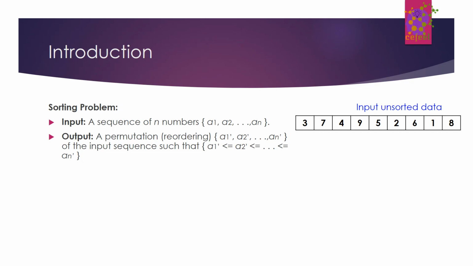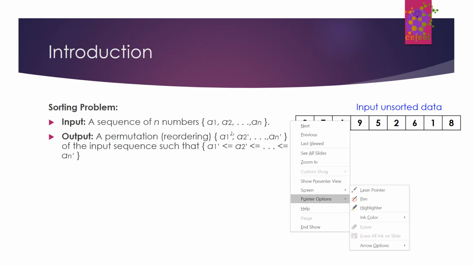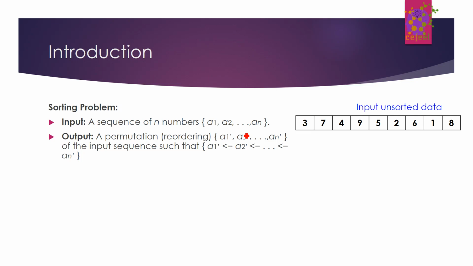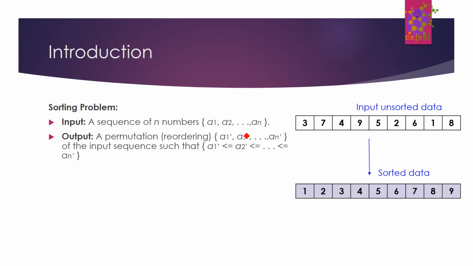Let's say we have input data, an array with about 9 elements, and you can see the numbers are unsorted: 3, 7, 4, 9 and so on. Our job is to apply an algorithm, some strategy, some steps, and convert it to sorted data, which looks like this: 1 2 3 4 5 6 7 8 9.